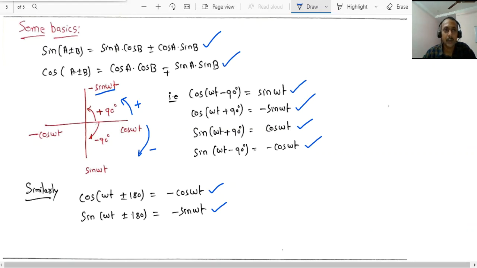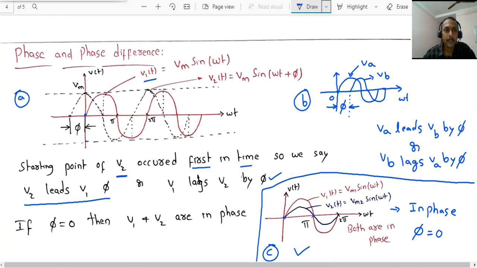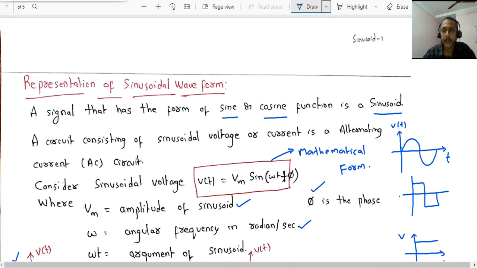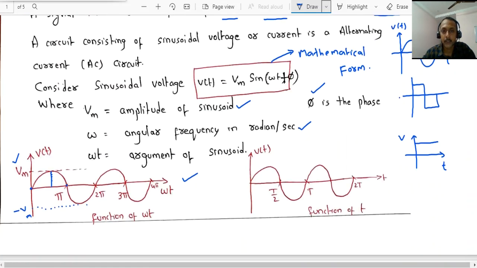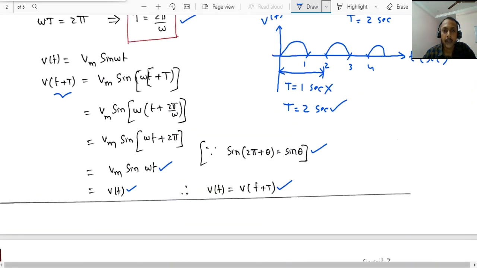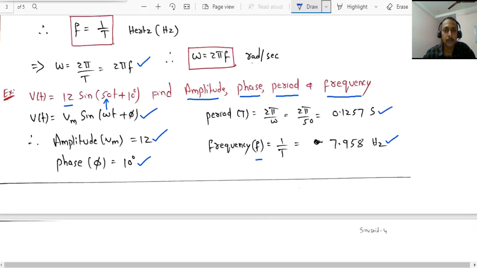This is all about the representation of a sinusoidal waveform and the phase difference. The important parameters are its amplitude, phase, frequency. Remember these diagrams and take them down in your notes. This small simple example will clarify so many doubts.